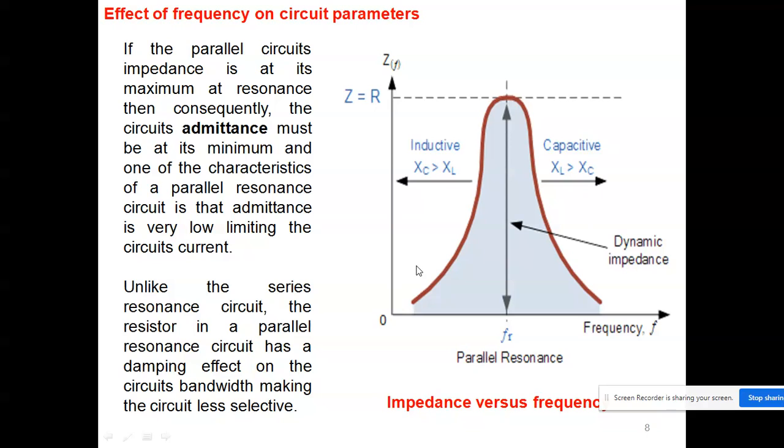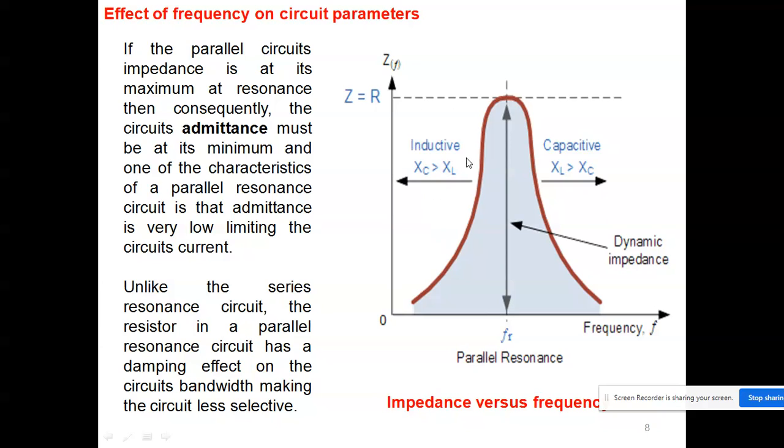Okay, then the resistance of the parallel resonance circuit acts as a damping effect. You see here, Z equal to R at the resonance is the high value. So it shows the damping effect on the circuit bandwidth, making the circuit less sensitive. From 0 to the resonance frequency, our circuit behaves as an inductive circuit.